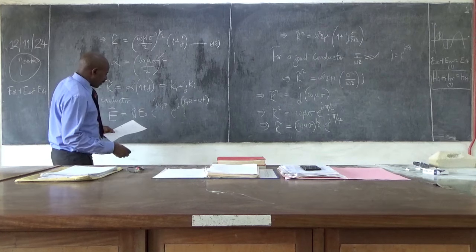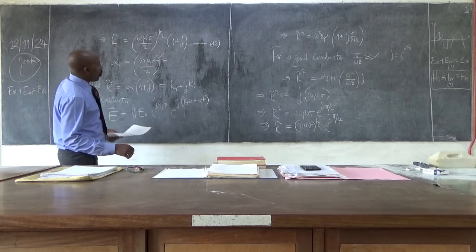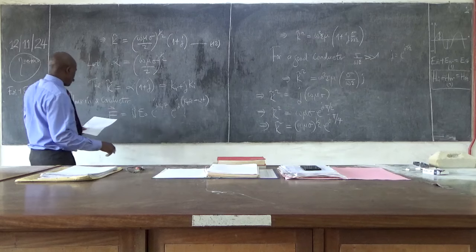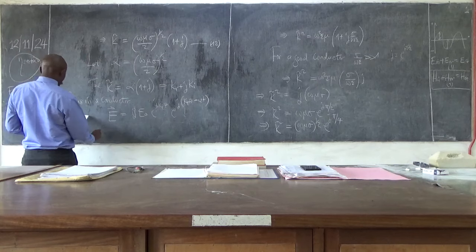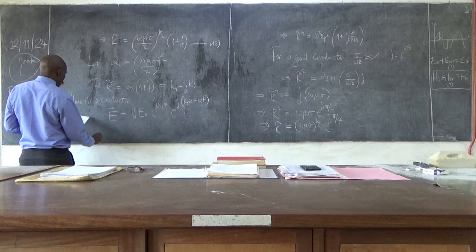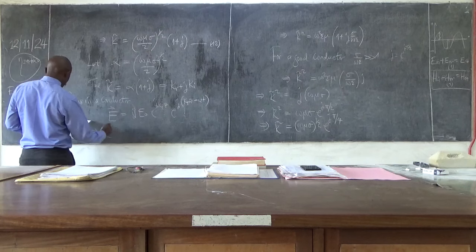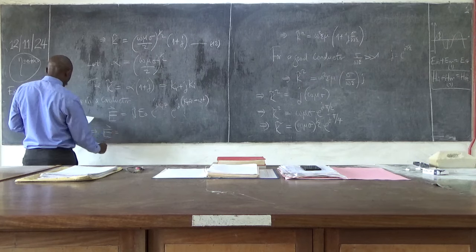Then we got the, or you can write this as being the same as, so this would imply that E, I don't want to do the other one, you will find it in where.